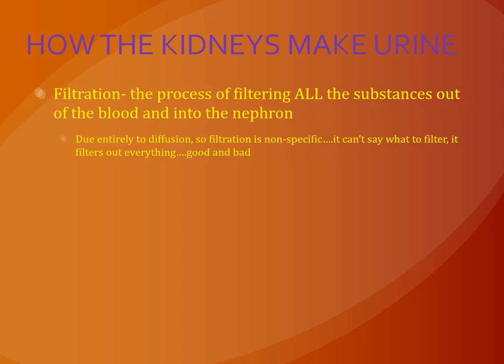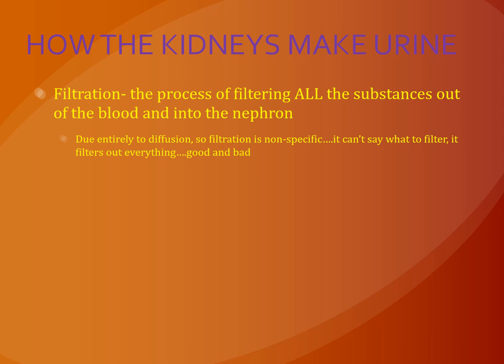So like I was mentioning, how the kidneys make urine is actually fairly simple. It is due mostly to peristalsis and to filtration. In the case of filtration, if you remember, the process of filtering, it's going to be non-specific. It's going to filter all the substances out because it's due almost entirely to diffusion. Now your nephron, again, is made from smooth muscle, and smooth muscle does peristalse.